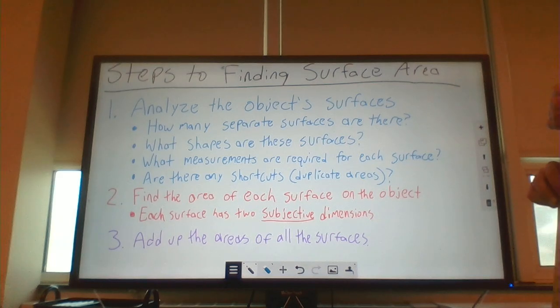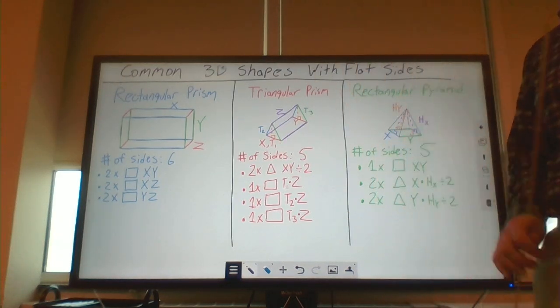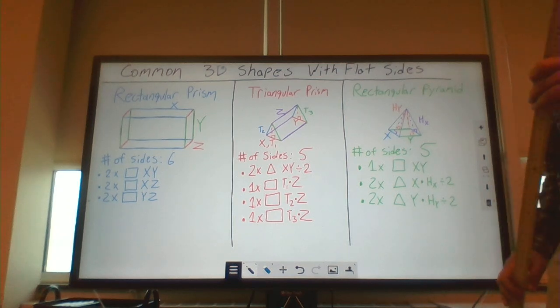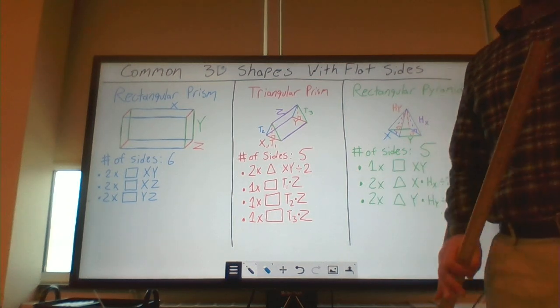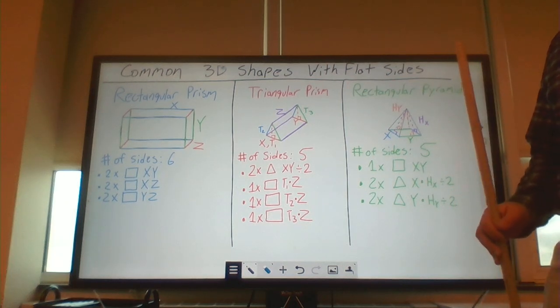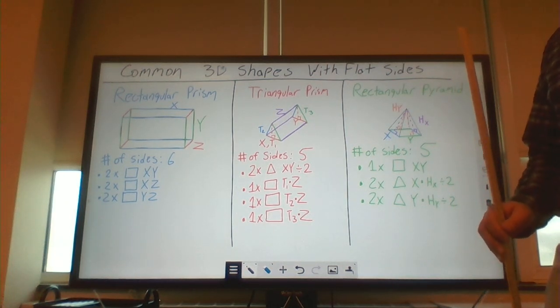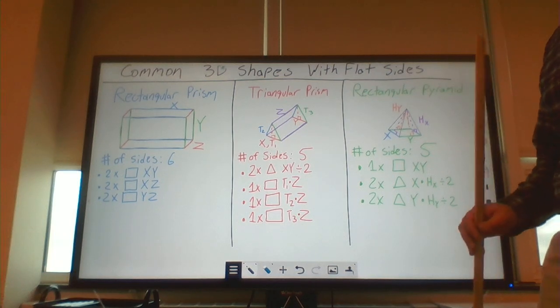So here are a few common figures that you're going to find. The rectangular prism, aka our box. Now, fortunately for us, when it comes to a rectangular prism, the side dimensions, all the area dimensions, do line up with the x, y, and z dimensions.